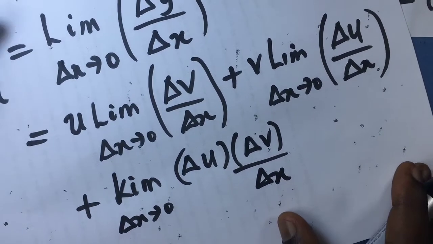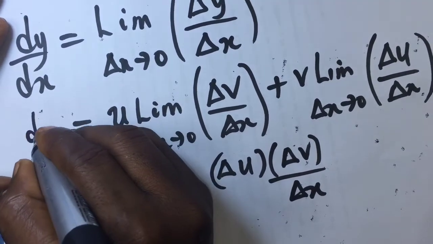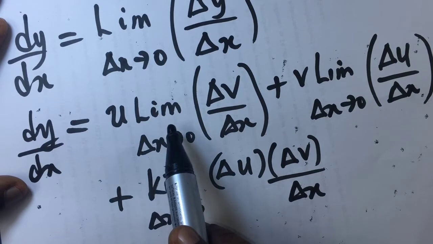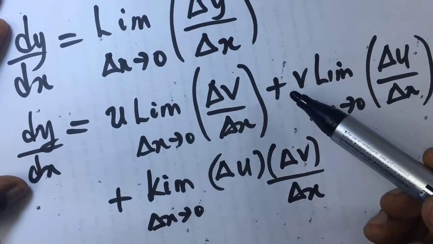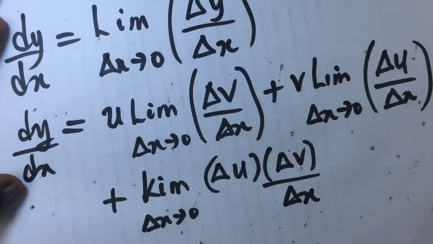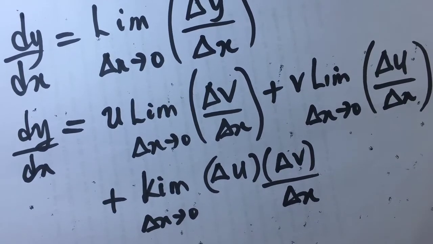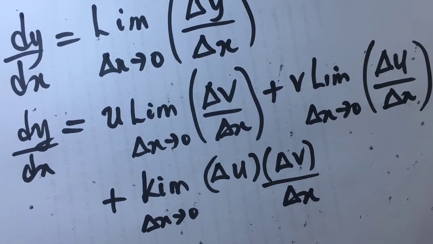Now the confusion you may experience is what is really going on with this. You may understand that u has to come out because it is seen as a constant by the limit, and v has to come out because it is seen as a constant by the limit. But for this one, change in u can't come out because it is affected. Take note, as change in x tends to 0, remember the function is y equals uv, meaning that u, v and y are all dependent on x.